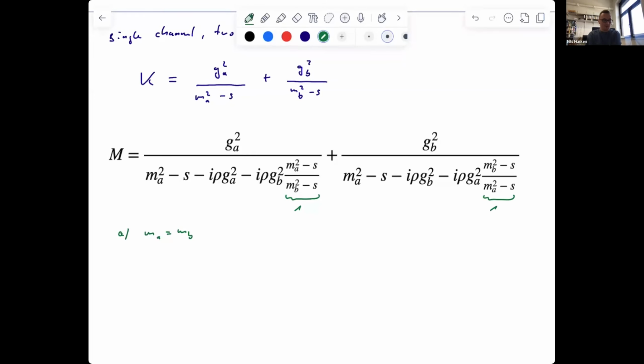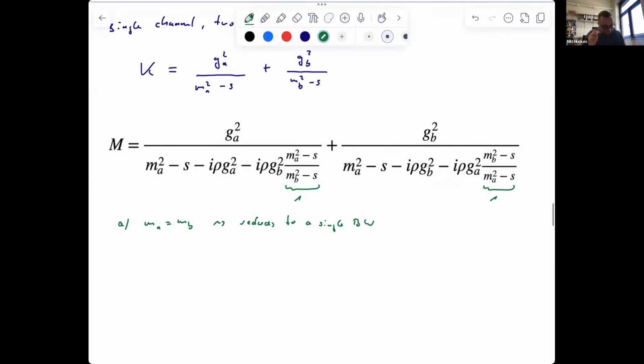And so this just reduces again to a single Breit-Wigner, where now the width of the single Breit-Wigner corresponds to the two couplings squared. And so this already shows us that even in the most extreme case, where the overlap is such that the two resonances sit at the exact same position, we now construct a single Breit-Wigner, which in itself conserves unitarity. So even in this most extreme of cases, we do not violate unitarity.